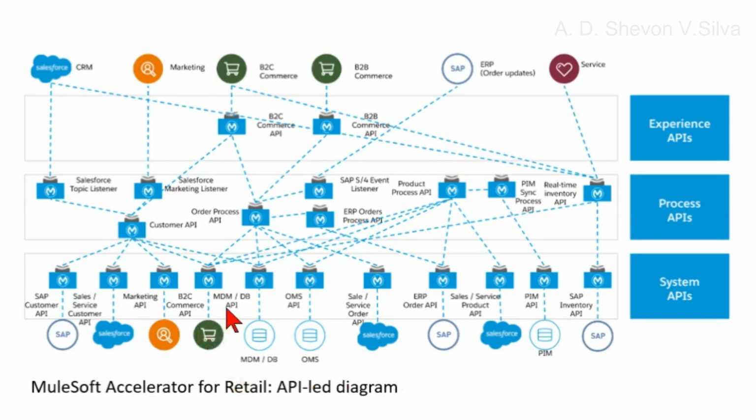B2C commerce system API supports the following. Perform inventory updates into B2C commerce. Perform product item master and variant creation into B2C commerce.